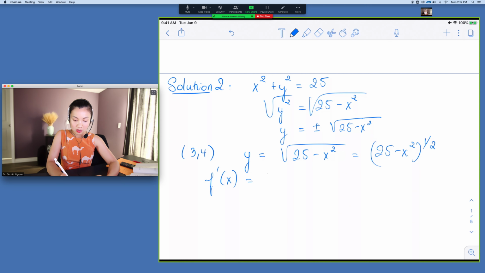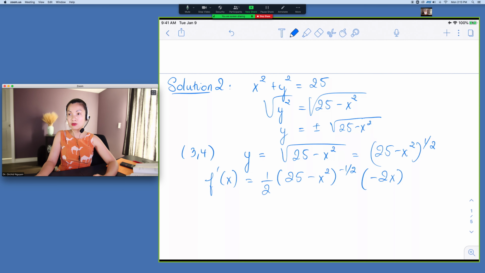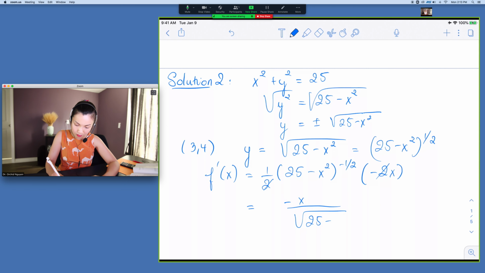Like I said, you want to rearrange so we can use the power rule. 1/2, chain rule, so negative 2x. Let's simplify: negative x over the square root of 25 minus x squared.